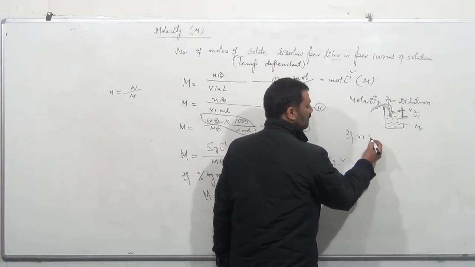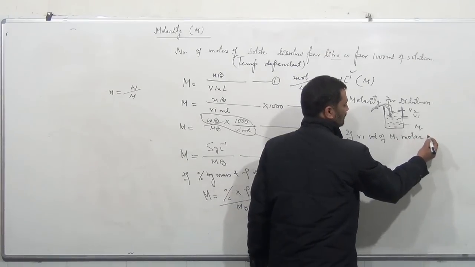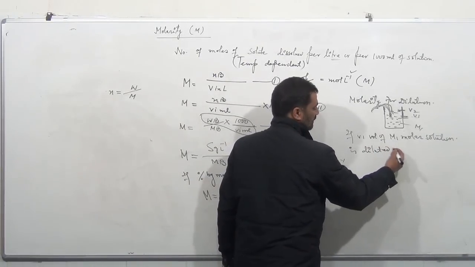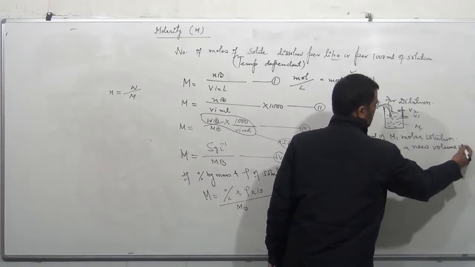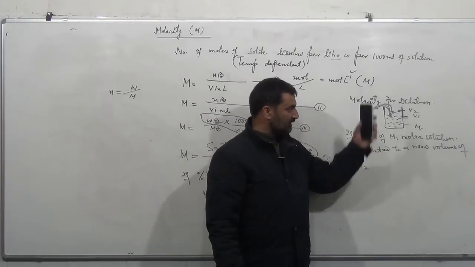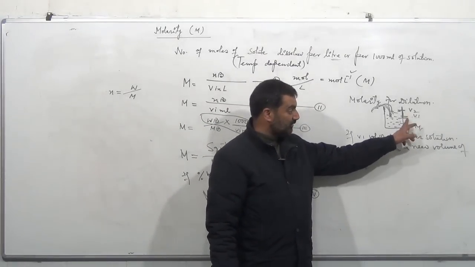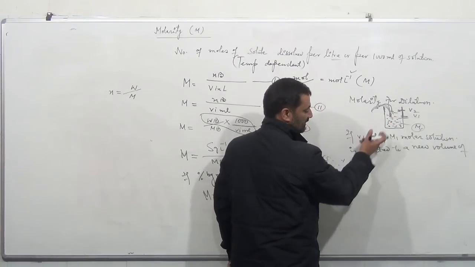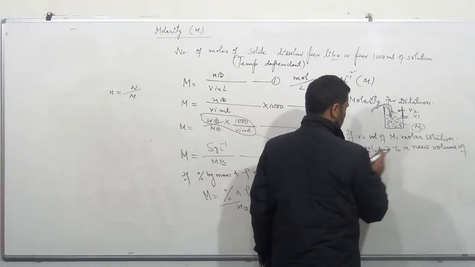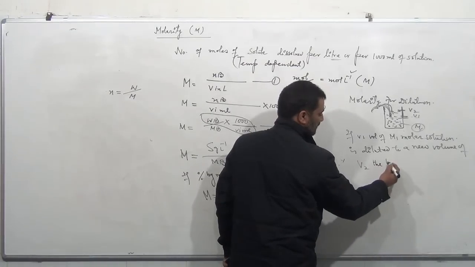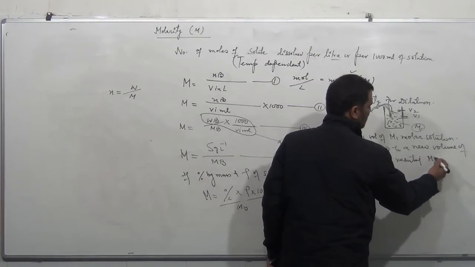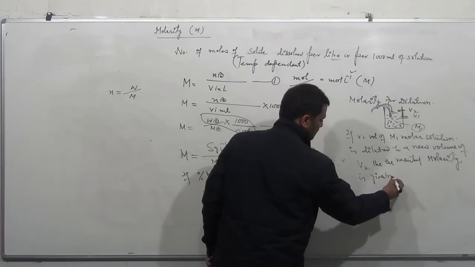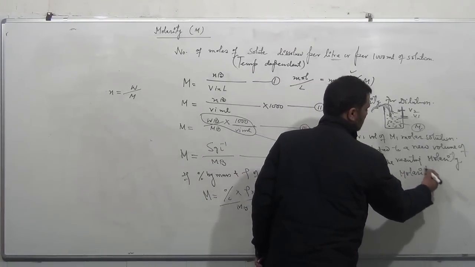So if V1 volume of M1 molar solution is diluted to a new volume of V2, the resulting molarity we can calculate with the help of the molarity equation.